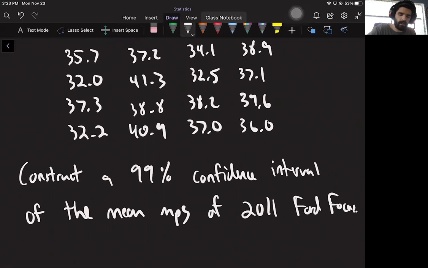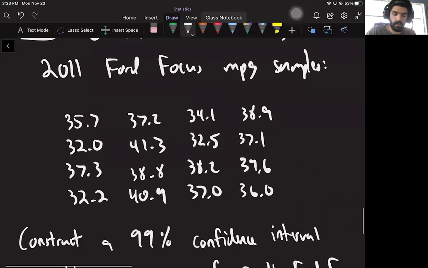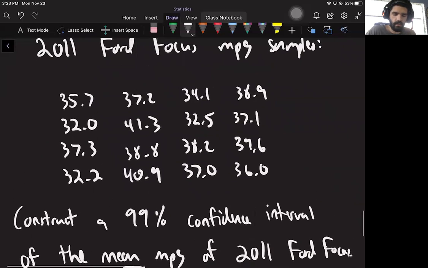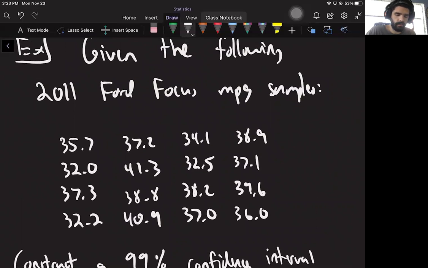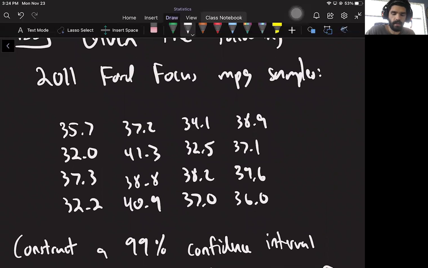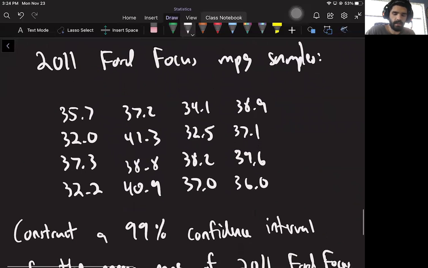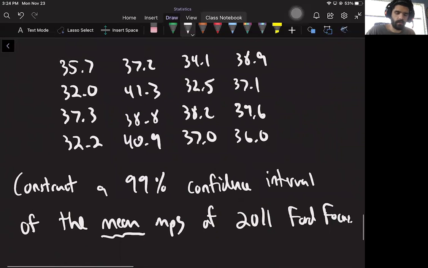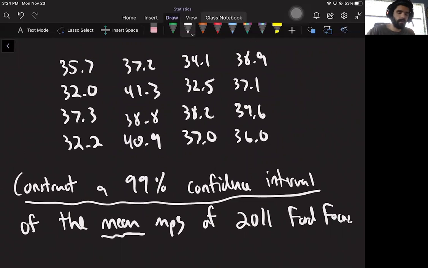If I wanted the actual mean of all 2011 Ford Focuses, I would have to know the miles per gallon of all of them and find the mean of that. That would be the actual mean of the population. But I don't know that. So I have this sample of 16 Ford Focuses, and I'm going to calculate their mean instead and use that to estimate the actual mean. That's the big picture idea when you construct a confidence interval.